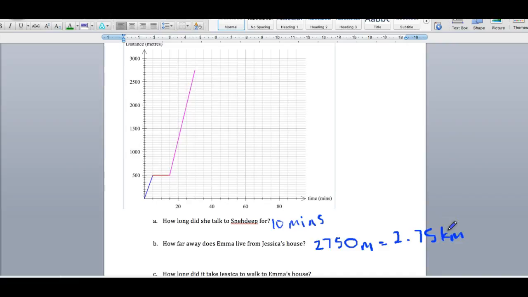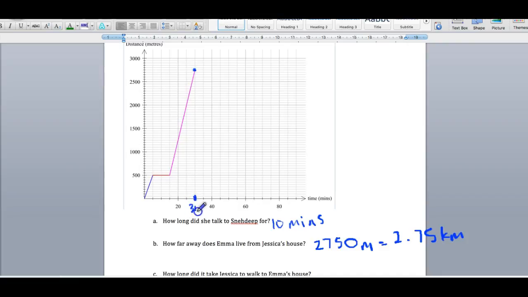Pretty far to walk though, probably take her, well, we can see how long it took her, it took her half an hour. And that's actually question C. So how long did it take her to walk to Emma's house? So here she is here. So this point here we know is at 2750, but this is the time.